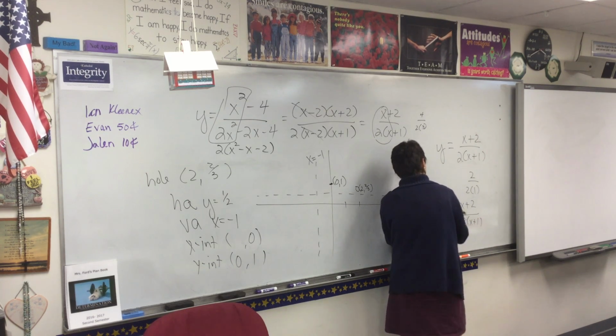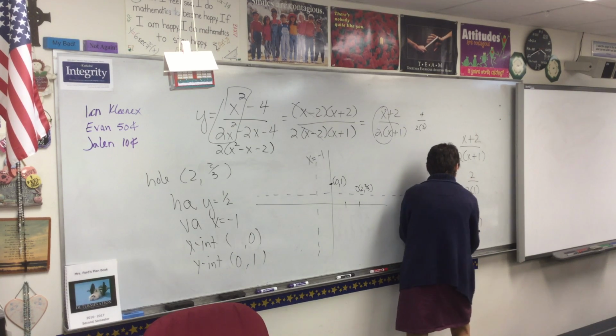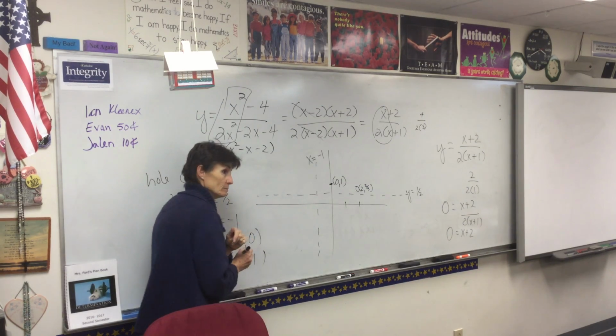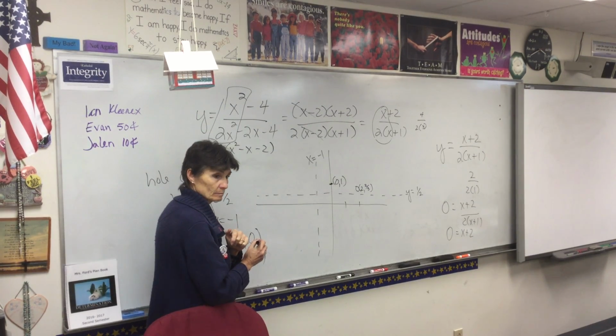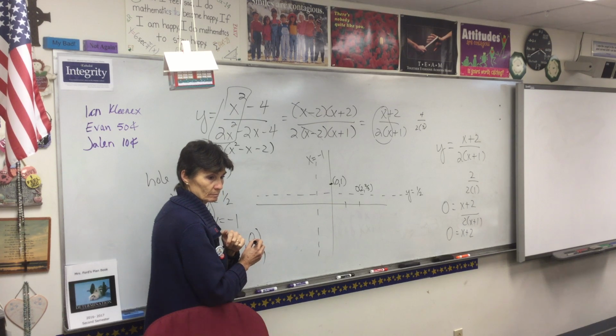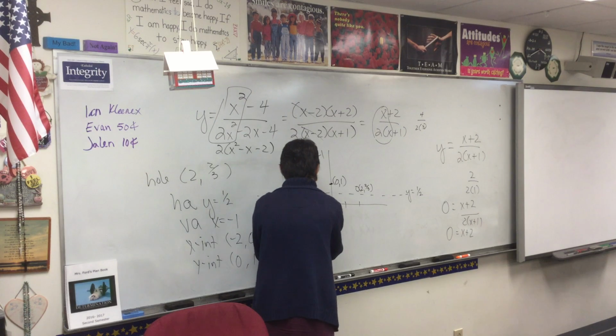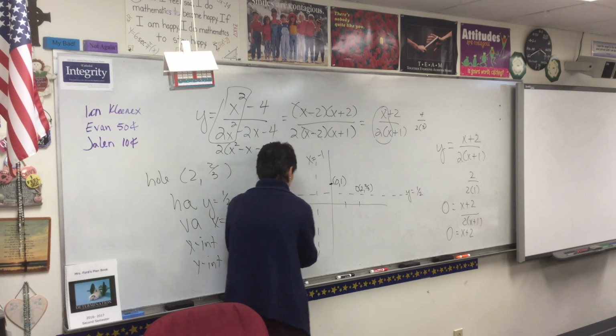And when I bring this over, it's still 0, because 0 times anything is 0. And it looks like x equals -2. Everything okay, Evan? Yeah. Okay. So -2, 0.